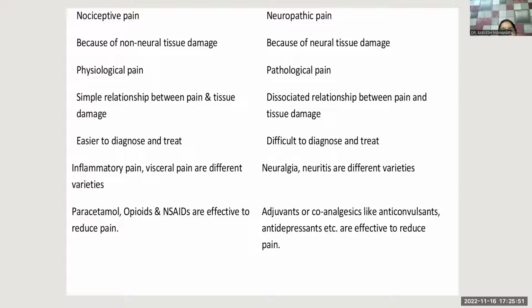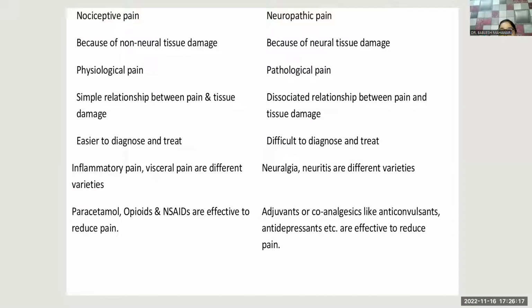Now, when a simple relationship between pain and tissue damage is established, then it is a nociceptive pain. But when there is a dissociated relationship between pain and tissue damage, and it is a lingering pain, and the pain signals are taken up by the nerves but these nerves themselves are at fault, then comes the neuropathic pain. Nociceptive pain is quite easier to diagnose because it is directly proportional.